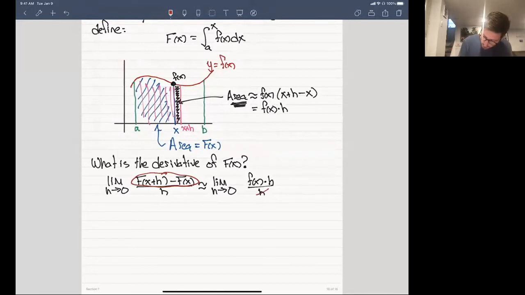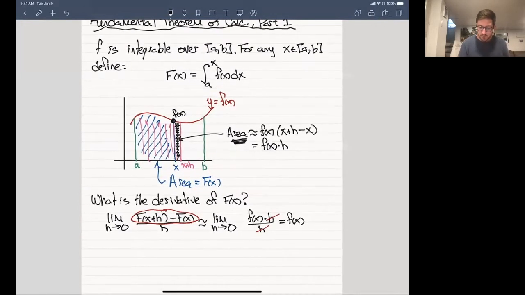And so the h's cancel here. There's no limit anymore. And so you get this really cool relationship, right? This tells you that this function capital F that's written in terms of a definite integral has its derivative given by the original function, the function you were integrating. This is exactly what the Fundamental Theorem of Calculus Part 1 tells you.